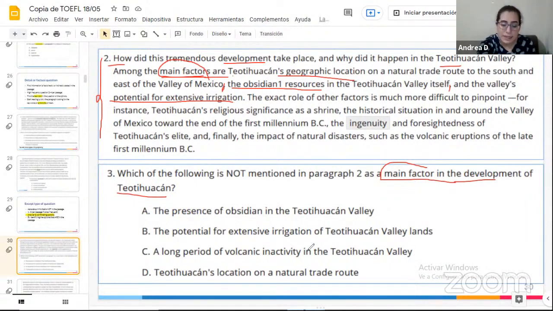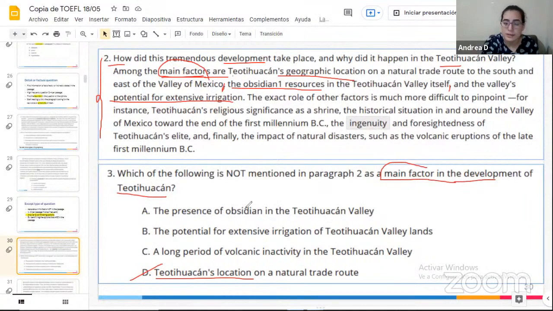For instance, in this case, you don't have exactly the same thing. Instead of geographic location, you just have Teotihuacan's location on a natural trade route. But it's the same thing, it's a paraphrase. So since that is mentioned as one of the factors, then we eliminate that option. So you do the same thing for the other ones, and you got your answer.